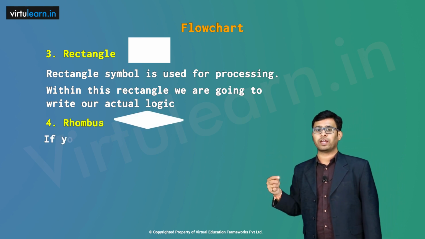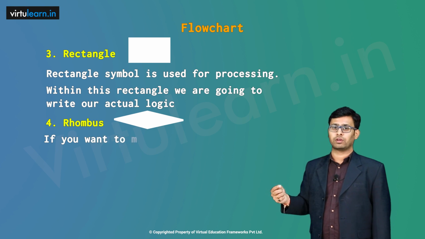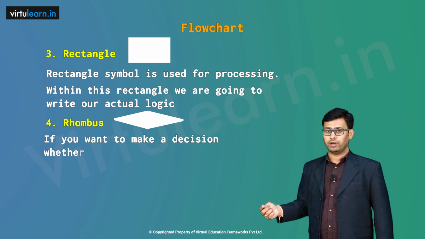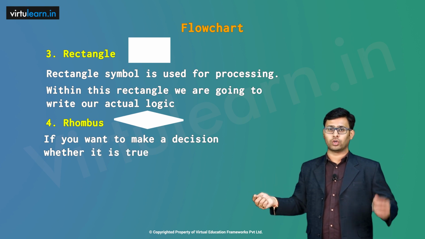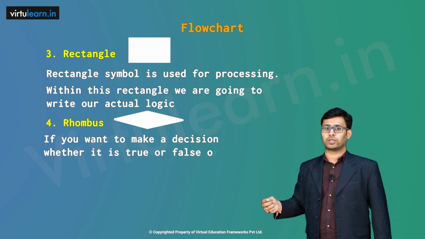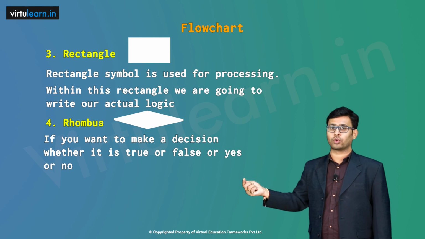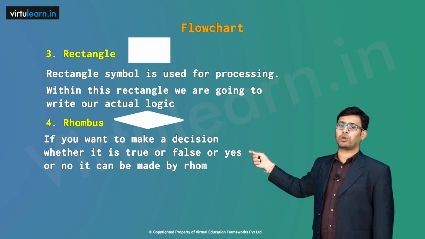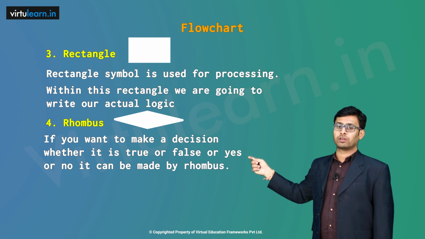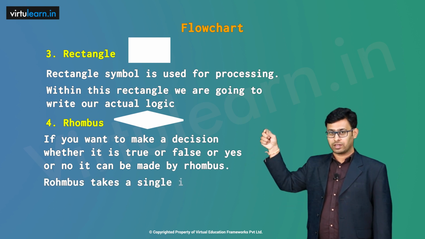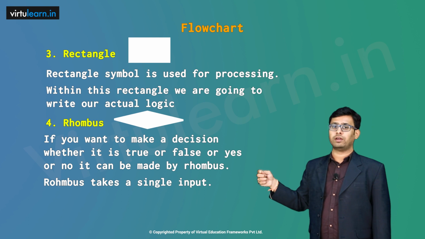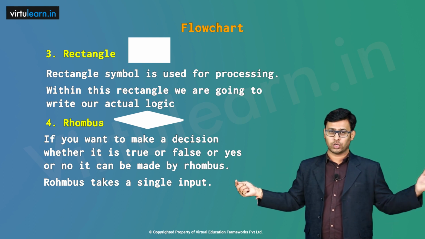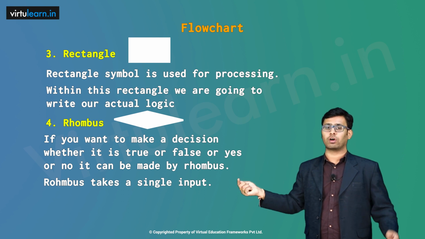Next, we have the rhombus. Suppose you want to make a decision, whether it is true or false, yes or no. Such decisions can be easily made with the help of a rhombus. The rhombus takes a single input and it may have yes or no, that is true or false.